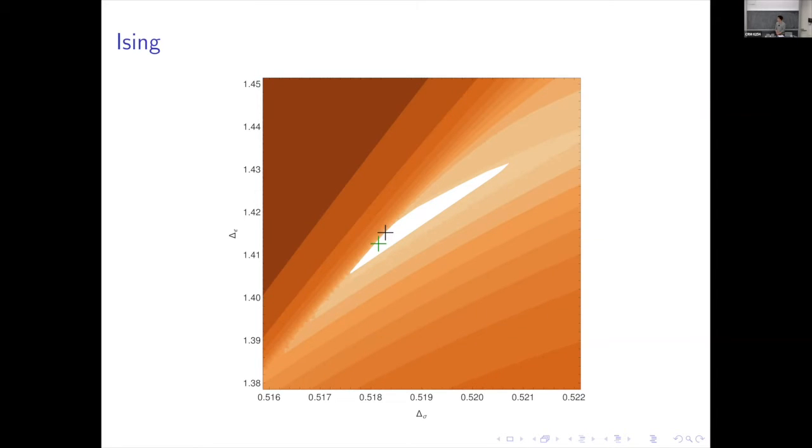And we see that this region where the navigator function is negative coincides with what we had in the first exclusion plot for the region that was allowed by crossing. So our navigator function reproduces what we get by the usual scanning-based methods.